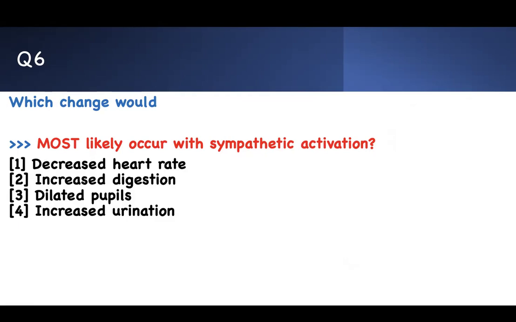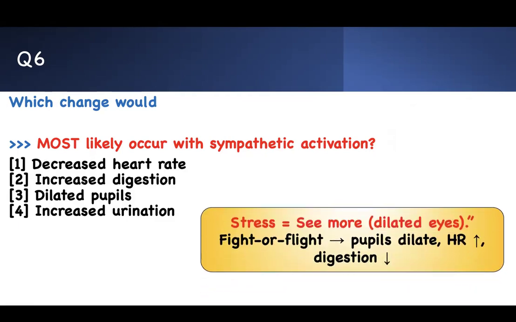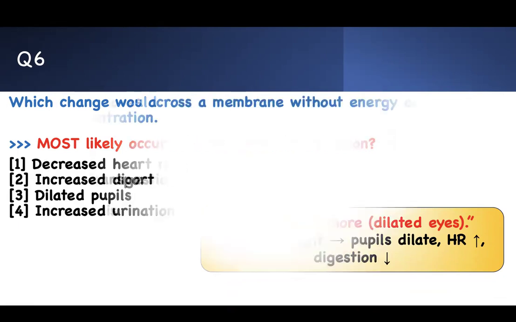Dilated pupil, you want to run away. You want to figure out what is going on. Your eyes is wide open. When you're peeing, you're more relaxed. Therefore, 3 is the right answer. So stress, see more, you dilated pupil in the sympathetic nervous system. Fight and flight mode. Your heart rate goes up, your digestion goes down.